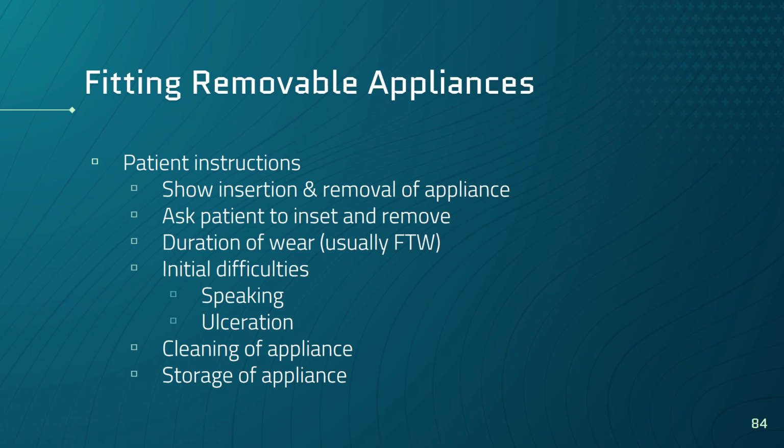They should be advised on the duration of wear, which is usually full time wear. They should be warned that initially there will be difficulties in speaking and there may be ulcerations. They should be advised on methods of cleaning the appliance and also storage of the appliance when the appliance is not in the mouth.